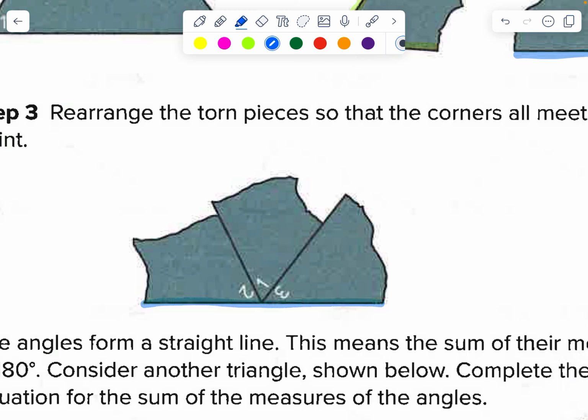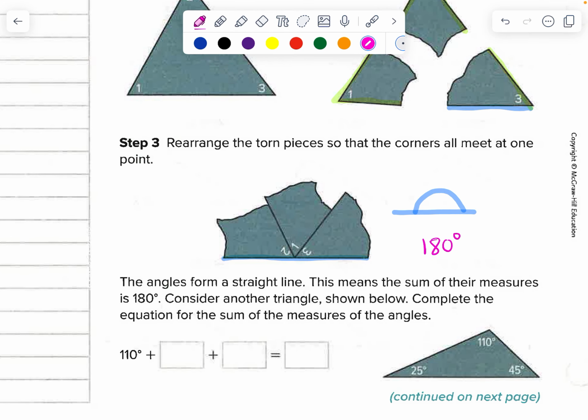What is the measure of a straight line? Well, it's half of a circle. So half of a circle is 180 degrees. So all of the angles inside the triangle equal 180 degrees.